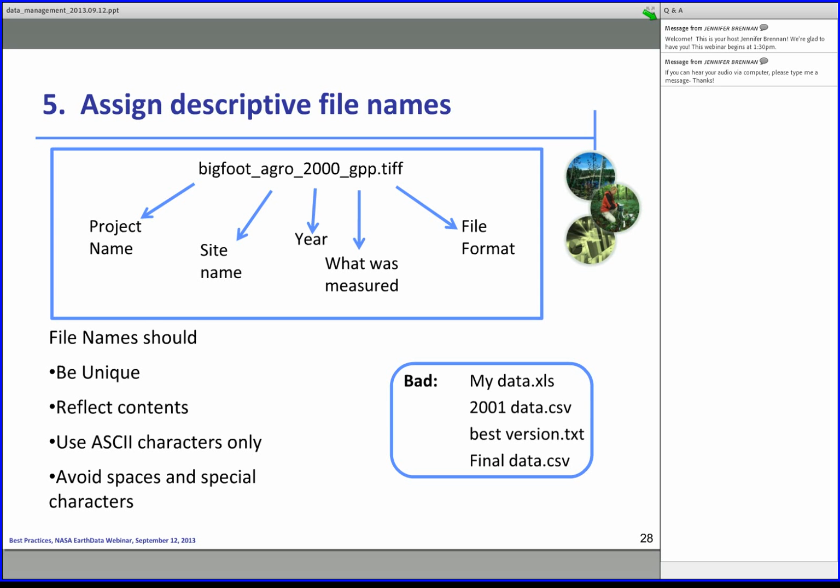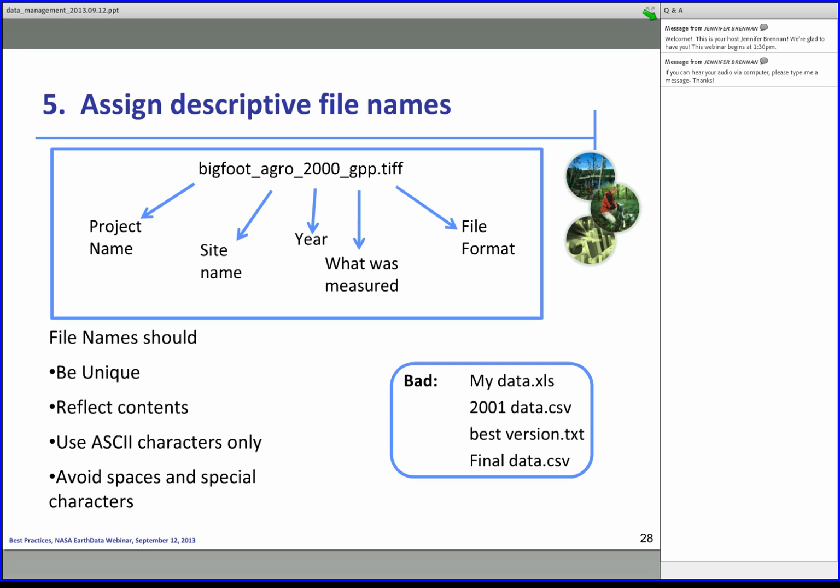The next best practice is to assign descriptive file names. In this example, we have a project here at the DAAC called Bigfoot, and that's the project name. The next information in this file name is the site where the measurements were made. In this case, it's Agro, which is an agricultural site in Illinois.